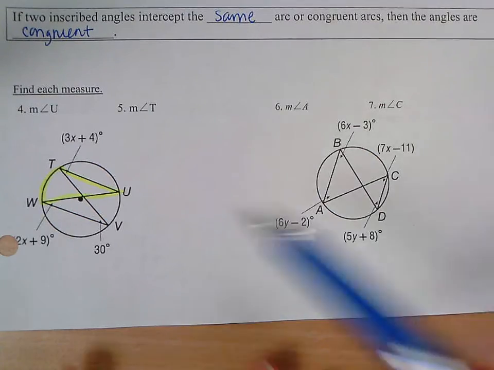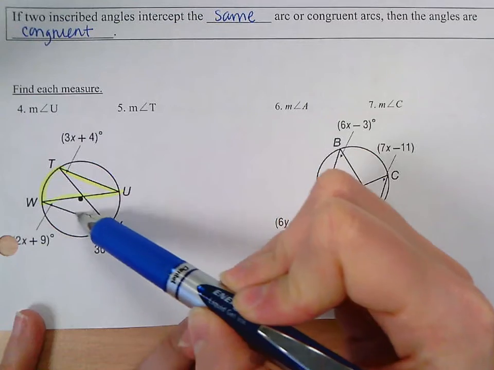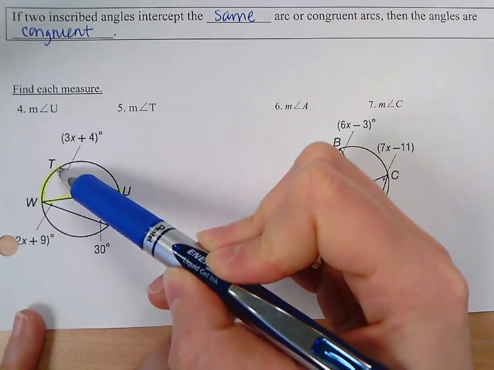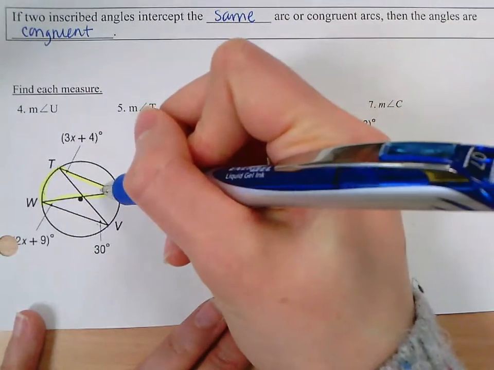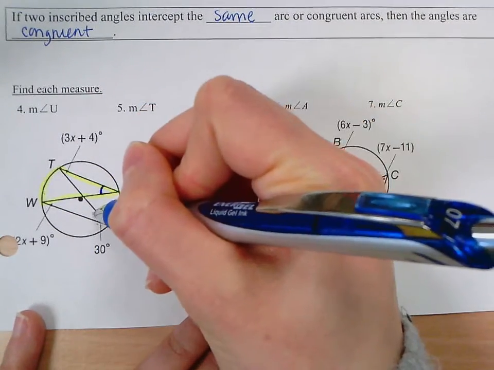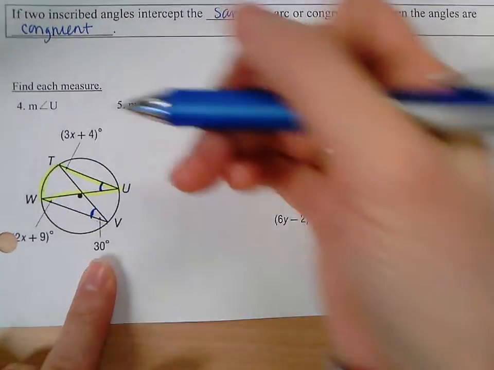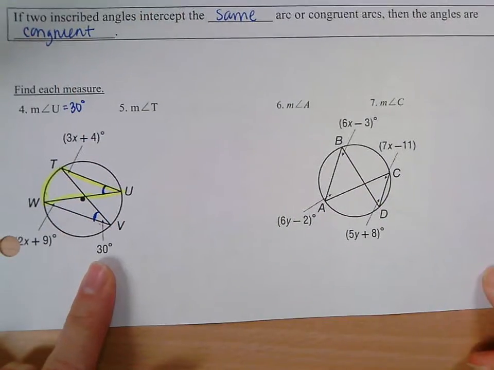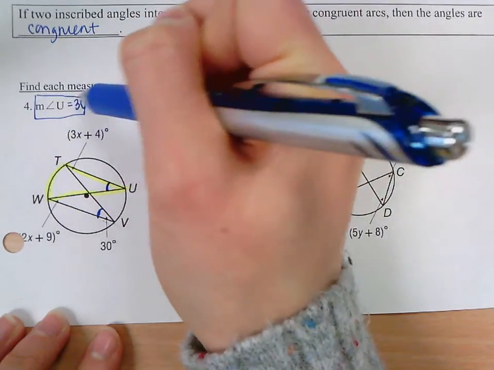And then I notice angle V over here also is an inscribed angle and has the same intercepted arc. They both intercept arc WT. So therefore, angle U and angle V must be congruent to each other. So if angle V is 30, angle U must also be 30. That's how to use that statement that's above.